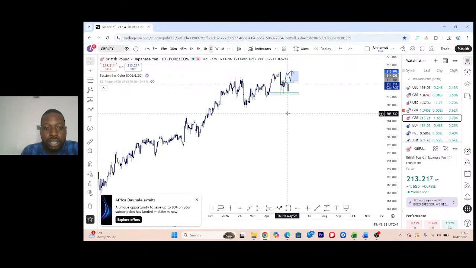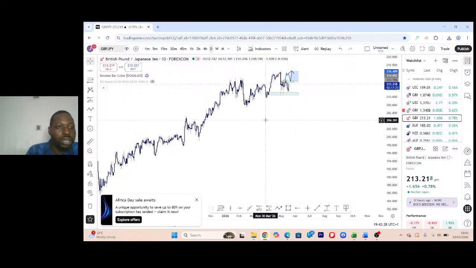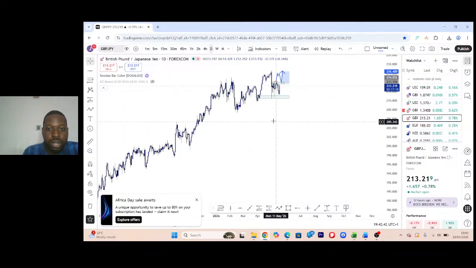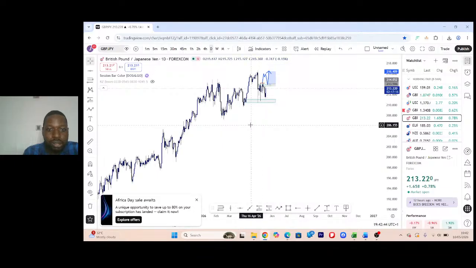So this is actually GBPJPY. The other one I actually did was GBPAUD. So if you are trading that pair, that is actually the directional bias for the week.